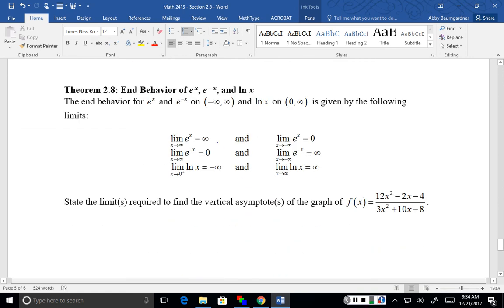All right, so here we formally just state what these answers are. The limit at infinity of e to the negative x. What's happening here is e to the negative x can be rewritten. If you have a negative exponent, you can always move that across its own fraction bar, right?